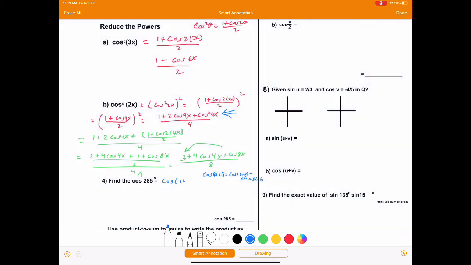So we're going to use 240 and 45. Again, you can use any combination of angles that you can to make up 285. We just have to know these angles. So cosine of 240, cosine of 45, minus the sine of 240, and then the sine of 45.